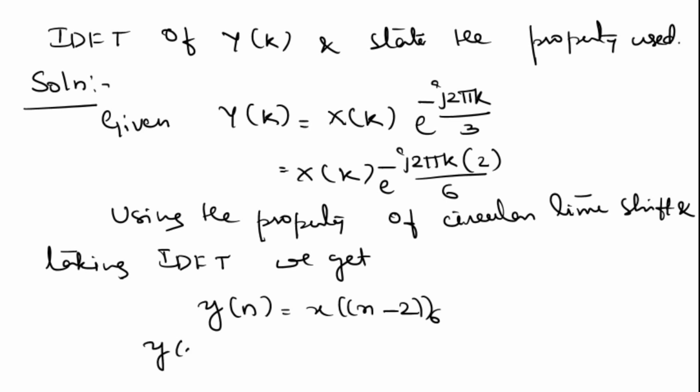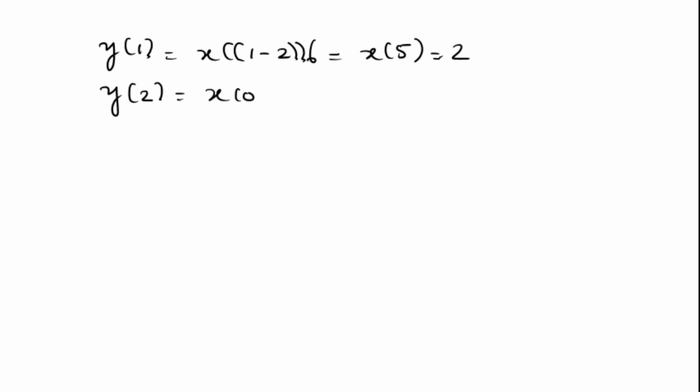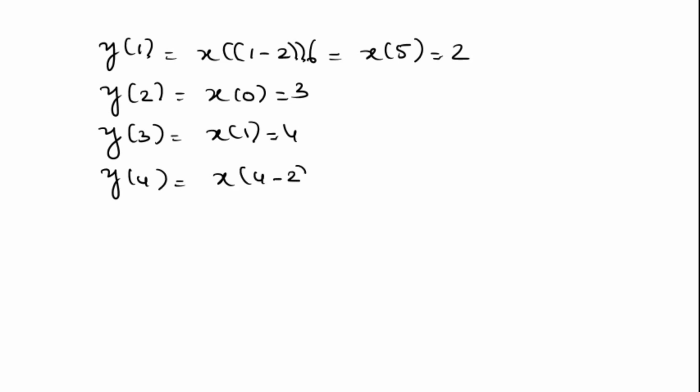Then we calculate y of 0 is equal to x of 0 minus 2 of 6, which is equal to x of 4. In the given sequence, x of 4 is 1. Similarly, y of 1 is equal to x of 1 minus 2 of 6, which is x of 5, equal to 2. y of 2 is equal to x of 0, which is 3. y of 3 is equal to x of 1, which is 4. y of 4 is equal to x of 4 minus 2, which is x of 2, equal to 0.